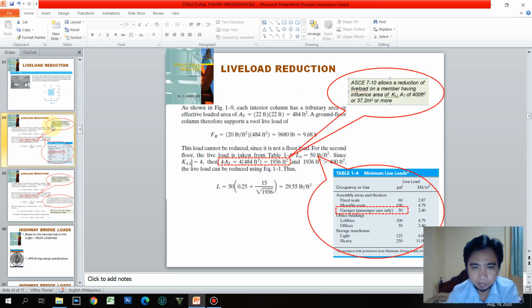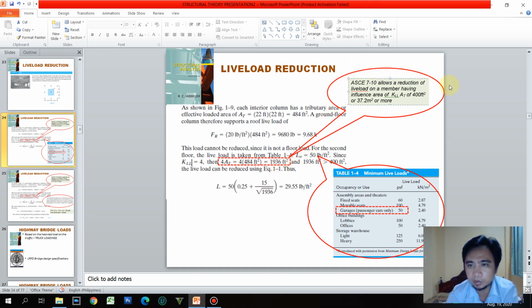Okay, so if we derive now our KLL AT, what we call the influence area, that is equivalent to 4 times the tributary area, right? Multiplying that is 1936 square feet.